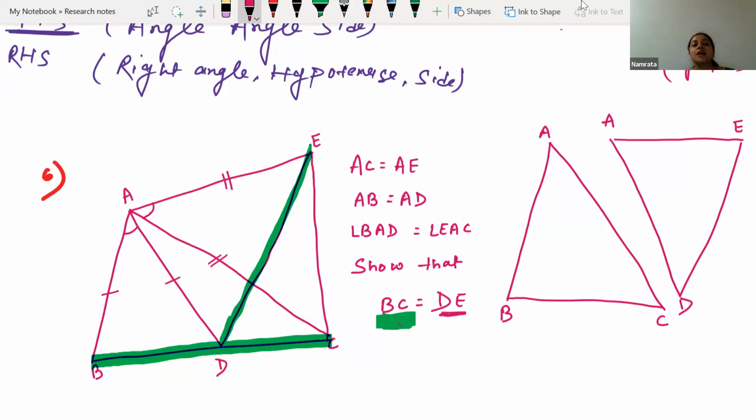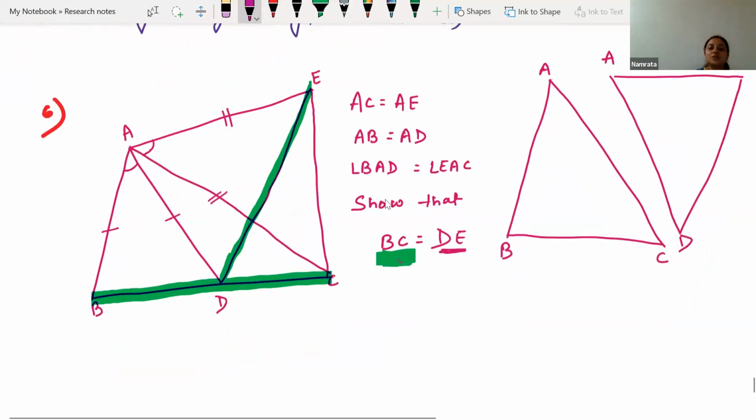Now let's list down whatever is same in both the triangles. If anything is same or not, that also we have to check. So we know AC in triangle ABC I am taking, and triangle ADE I am taking. Here the name you can write anyway, just your choice.